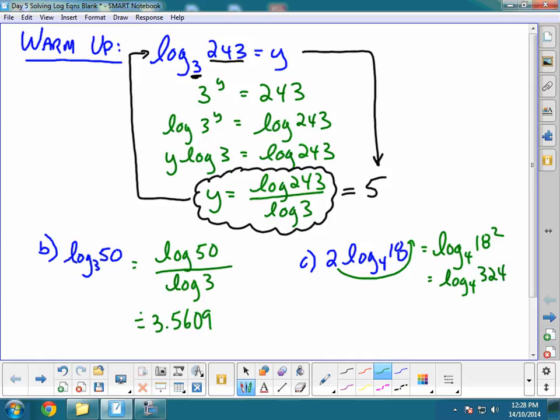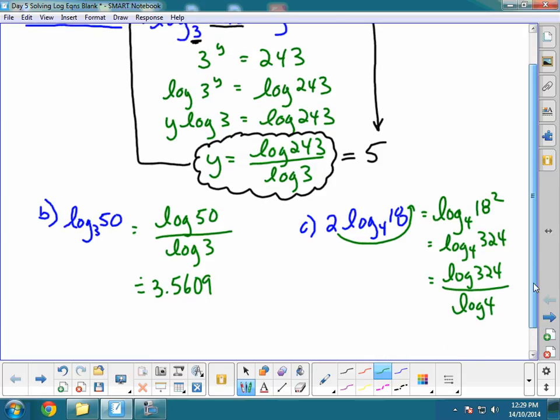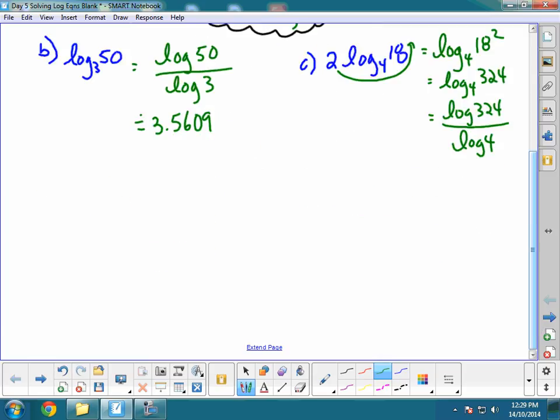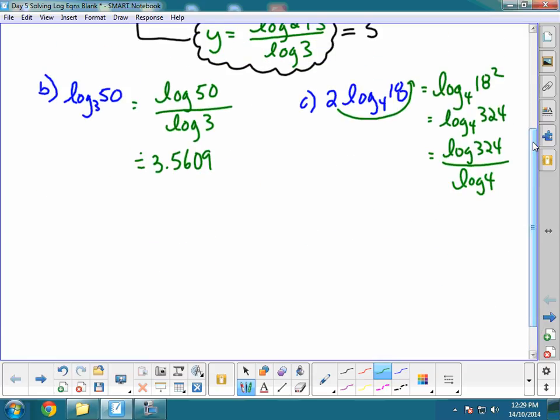And so now if we want to evaluate that on our calculator, we do the common log of 324 over the common log of 4. That's the exact answer there, and punch that into our calculator, and we'd get the answer is about 4.1699.